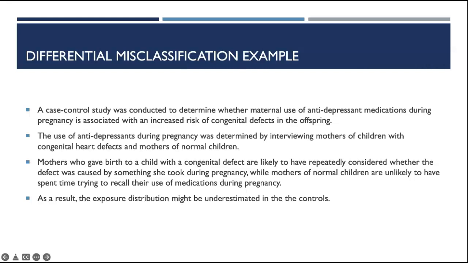If you think about that 2x2 table, that first cell on the upper left side, those exposed cases, the likelihood of being in that cell is going to be much higher in this case because those moms who have the outcome of interest might be more likely to report being exposed, being misclassified according to that exposure status compared to the controls in that study, the moms who did not have a child with that outcome variable.